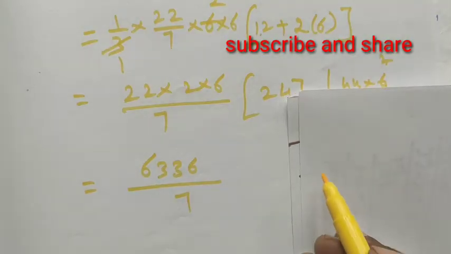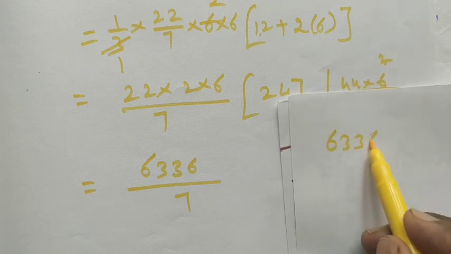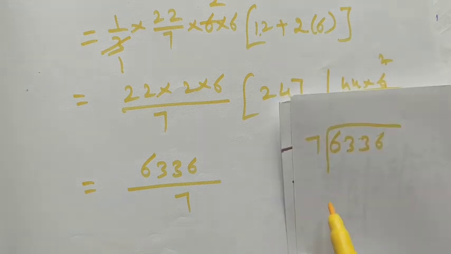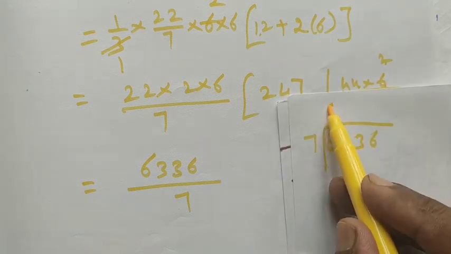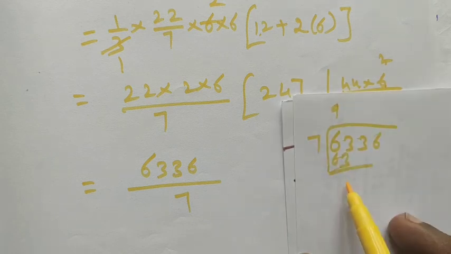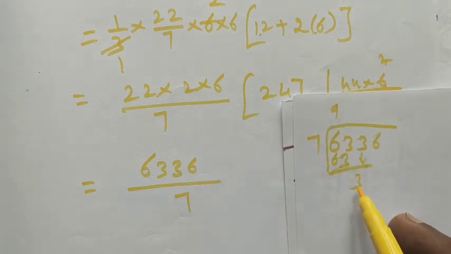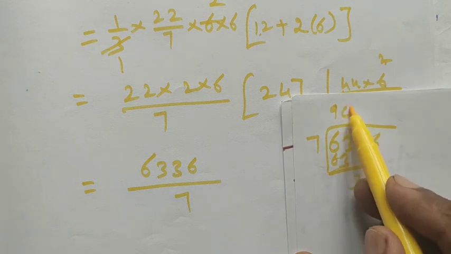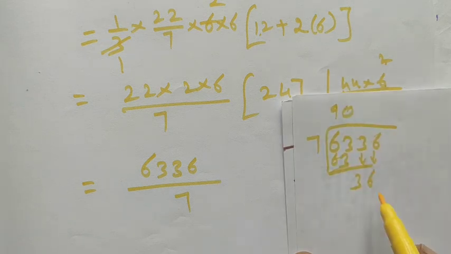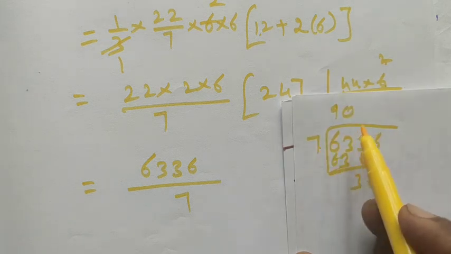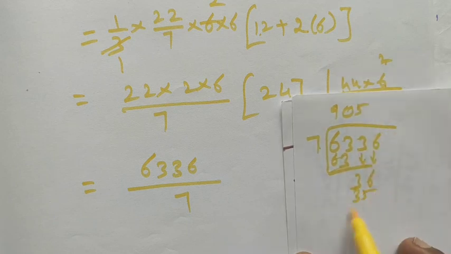We want to divide the term, that is 6336, by 7. 7 9s are 63, remainder 0. Here we have 3. 3 is not able to divide, so put 0 and add another number, that is 36. 7 5s are 35, remainder is 1. Right?